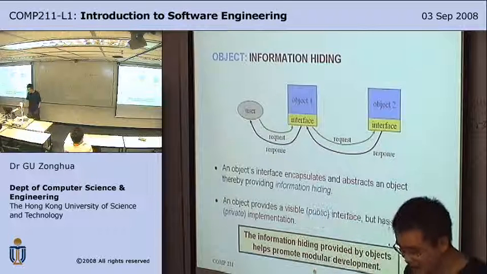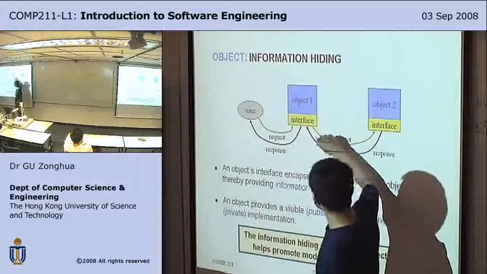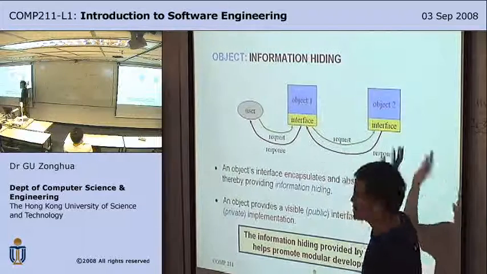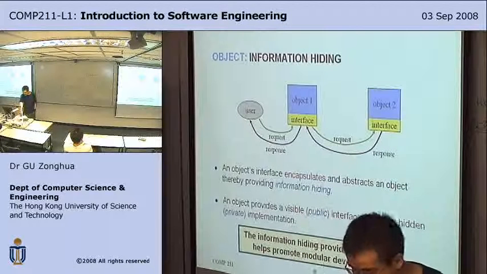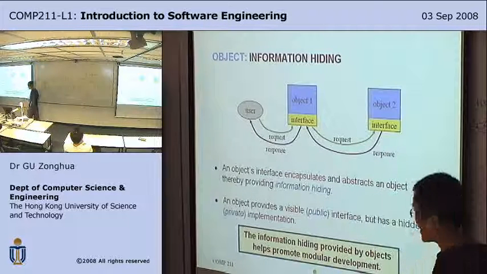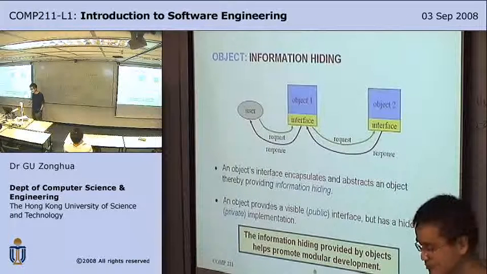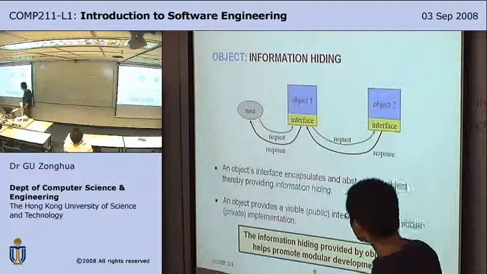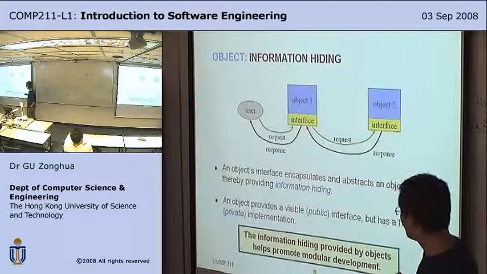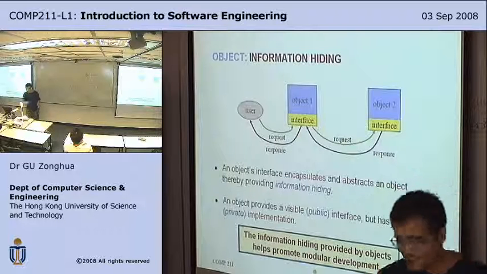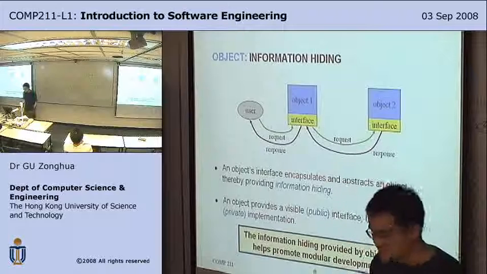That is, anytime you need to change an object's internal implementation, you can just change it without affecting the other objects in your system. As long as the interface is agreed upon, you can give the work to multiple developers in the organization, and then integrate them together later. So the development is modular because each team, each person can work relatively independently from each other as long as the interface is well defined.